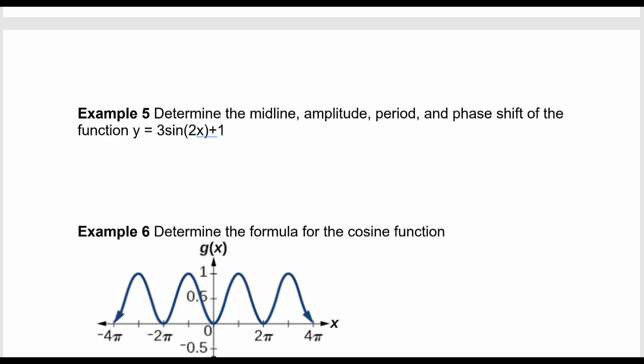Example 5 says determine the midline, amplitude, period, and phase shift of the function y equals 3 sine of 2x plus 1. So our midline is going to be d, which is 1. I should say y equals 1.